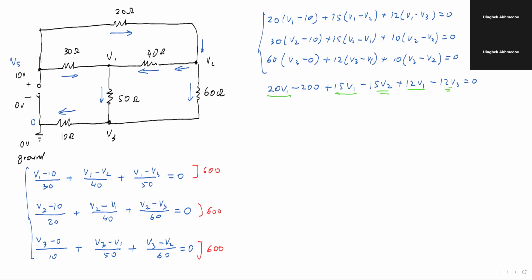So 20 plus 15 plus 12, what is it? 47. 47V1 minus 15V2 minus 12V3 equals 200. That's our first equation.